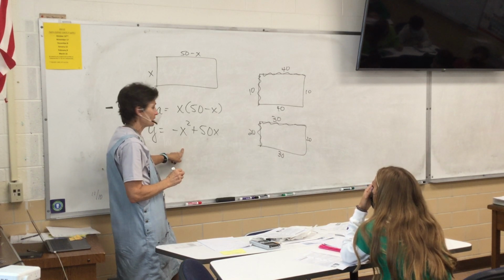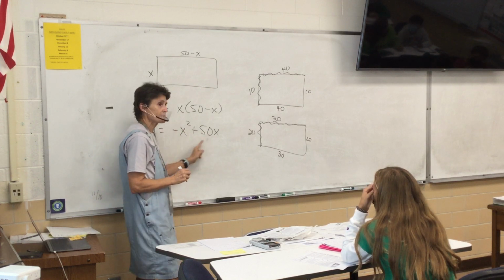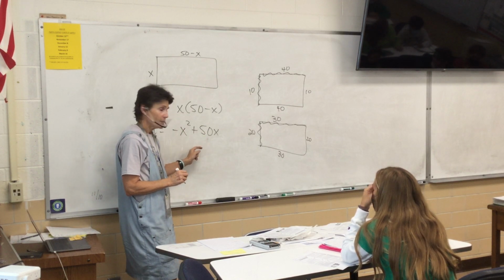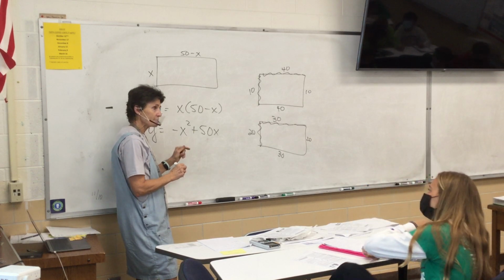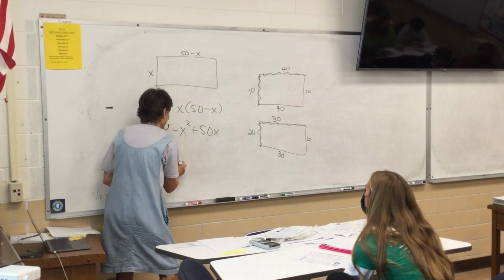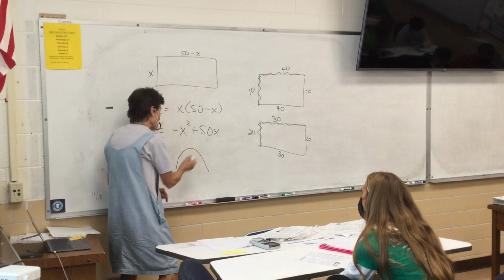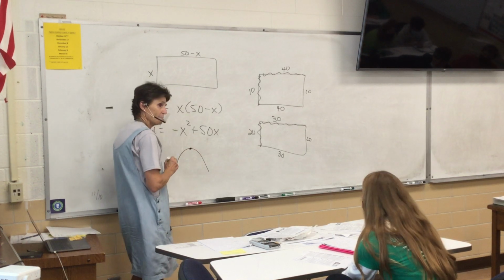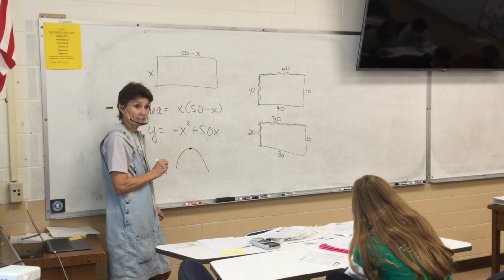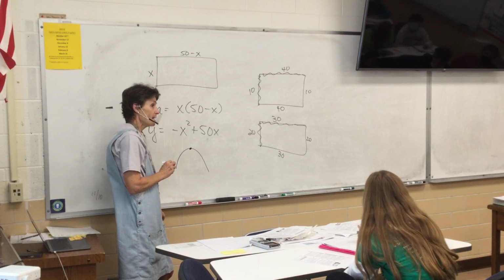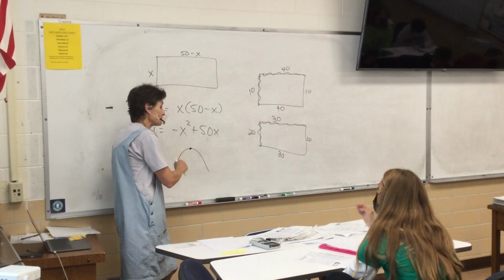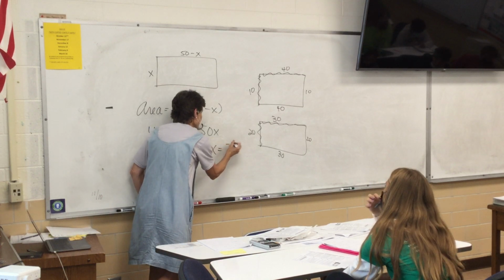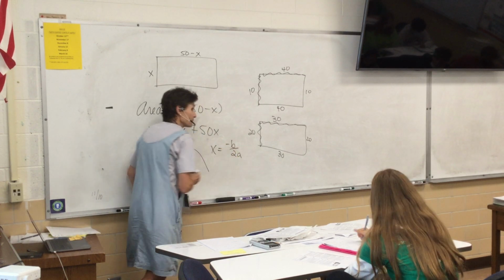Now wait a minute. What shape is this? A parabola that opens down, and they're asking me for a maximum. I have a parabola that opens down. Where will the maximum be? The vertex. And we can find the vertex either by completing the square or by using our formula.